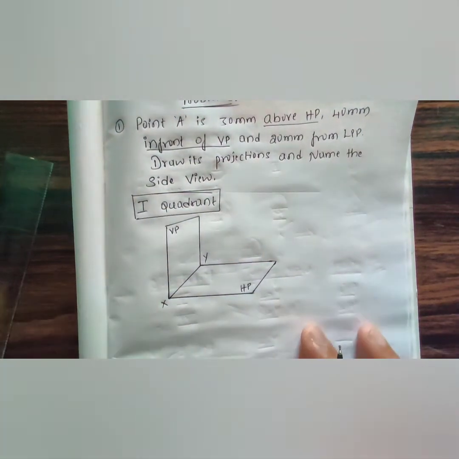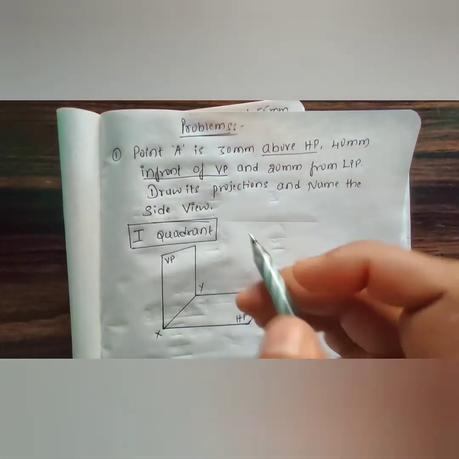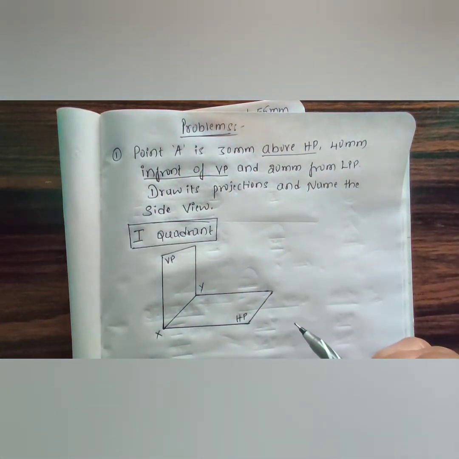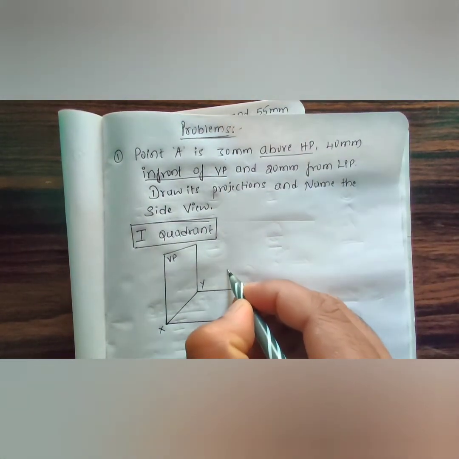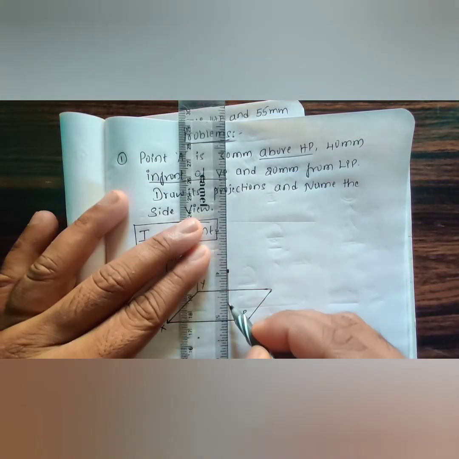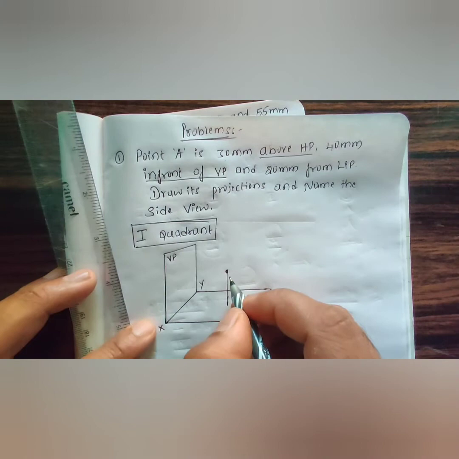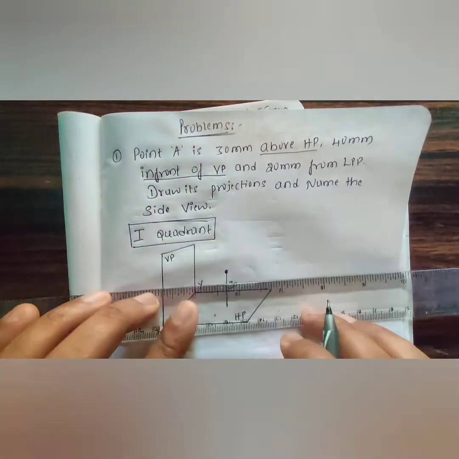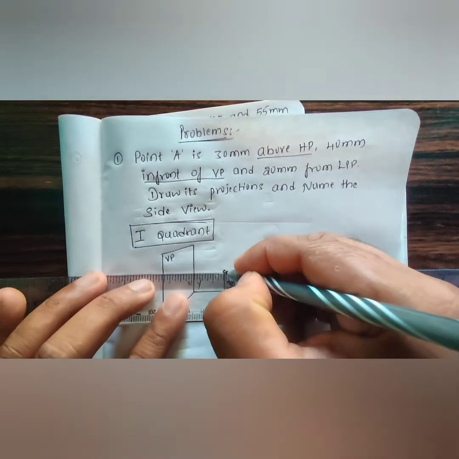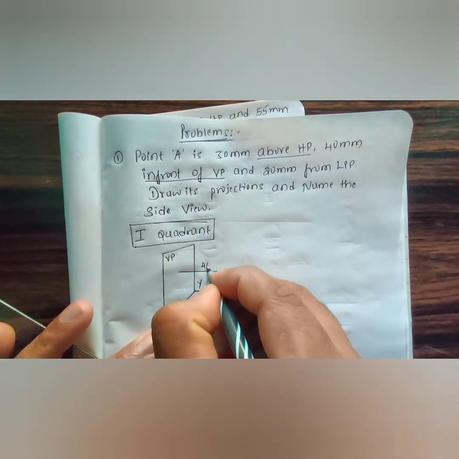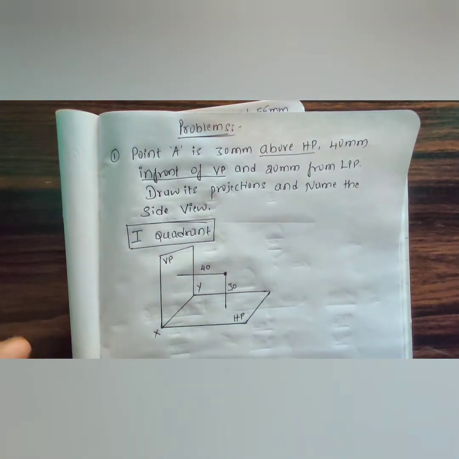Okay, so now let us try to look at the point. See, the point A is 30 mm above HP and 40 mm in front of VP. So somewhere it is here. So this distance is 30 mm, and this is 40 mm. Okay, 40 mm in front of VP, 30 mm above HP.